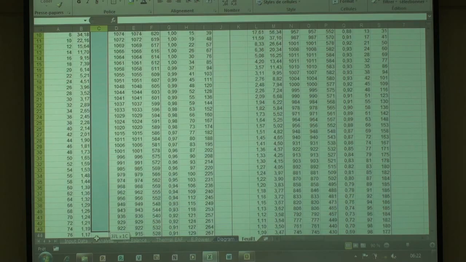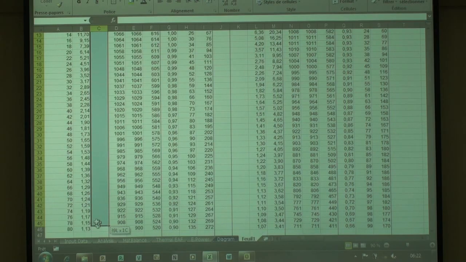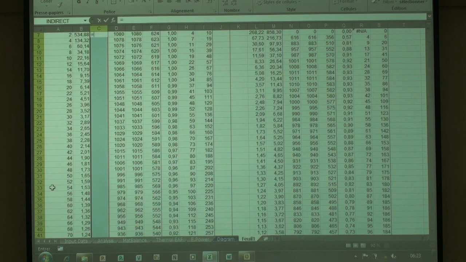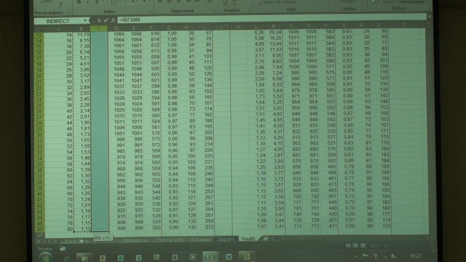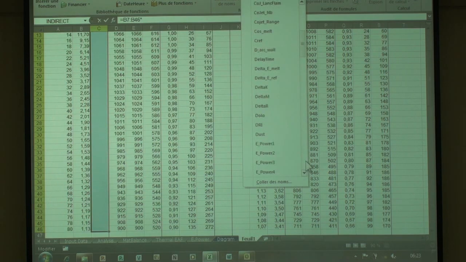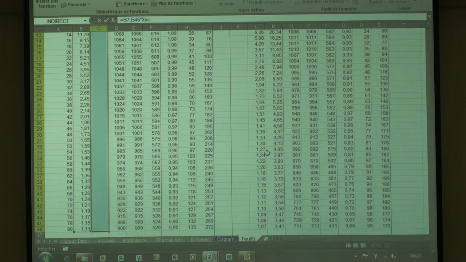So this column is equal to this column, time a constant. Time, it was the X short circuit. Yeah. So then I press.